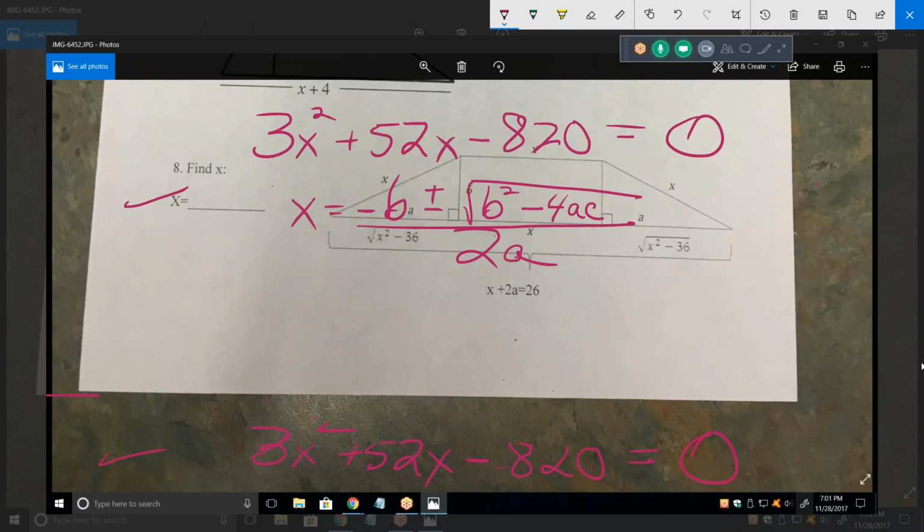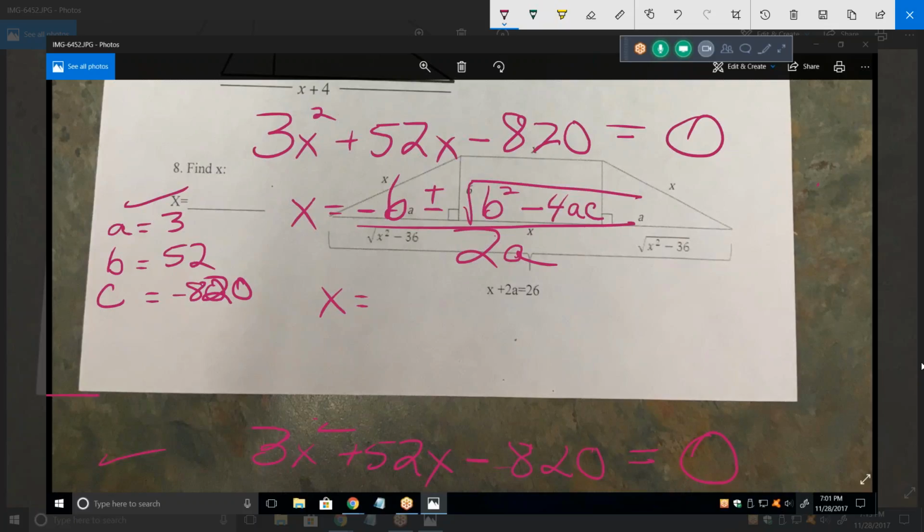Now, what's A, B, and C? A is 3, B is 52, and then C is negative 820. So we have to fill all those in.